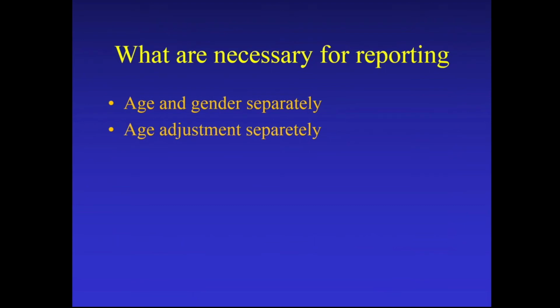Now, what is necessary for reporting incidence and prevalence? You need to report age and gender separately, and this then allows you to do an age adjustment so you can actually make comparisons across studies. The age adjustment is crucial because if you look at most incidence studies, for example, from developing countries, one has the impression that there's a very high incidence.